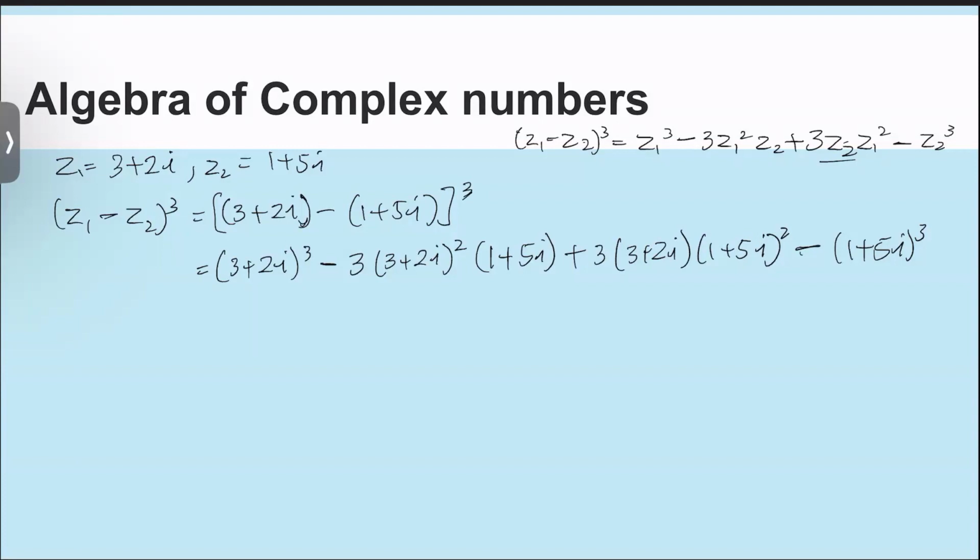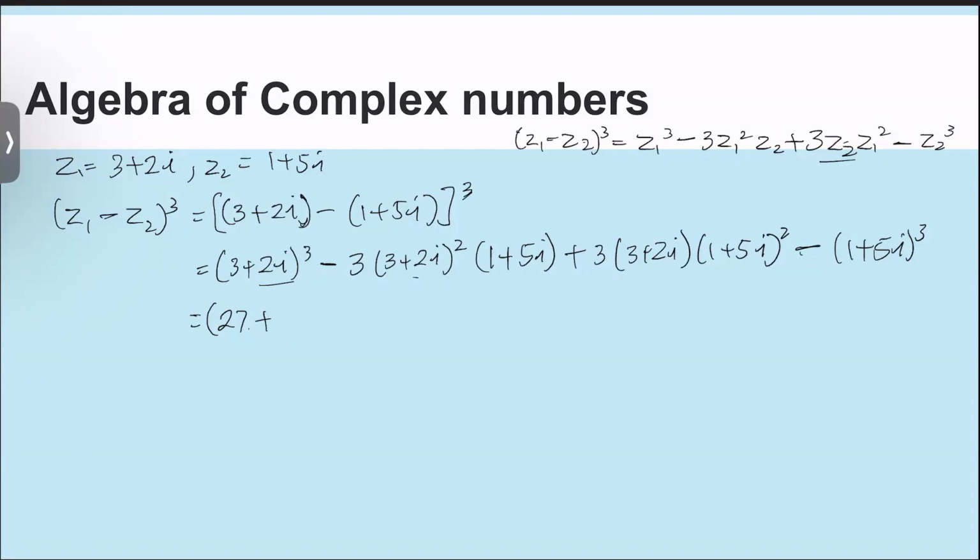Let's wait a minute. So now we expand these power identities that we have. So 3 plus 2i cube. We had solved this before, so we can write it: 27 plus 36 minus 7. I think there's a mistake. Just hold on a minute.